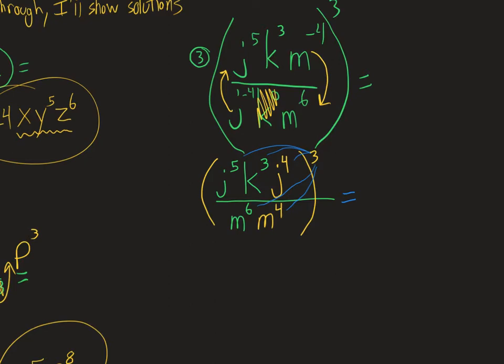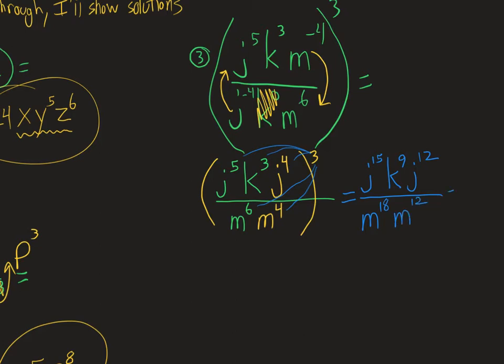It works either way. So I've got a j to the 15th, k to the 9th. Remember, this is multiplication. It's power to a power. I'm taking multiple groups. I'm taking 3 groups of each of these exponent values. That's why it's a multiply. On the bottom, I've got an M6 times 3, so M18. I've got an M4 times 3, so M12.